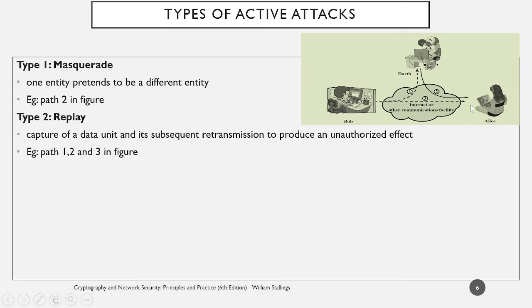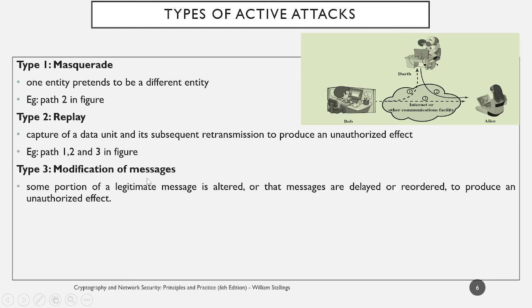Bob is sending a message to Alice, and this message is received by Alice. At the same time, Dart, the attacker, is also stealing the information. He is modifying the information, or without modification, he is sending the information to Alice multiple times so that Alice gets confused.